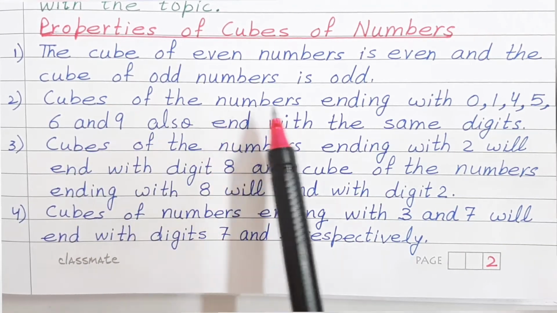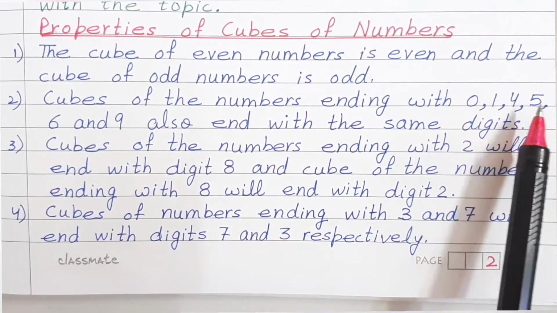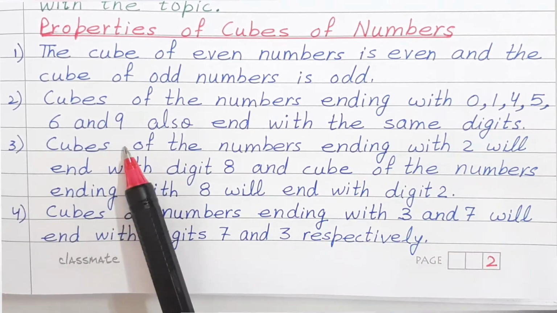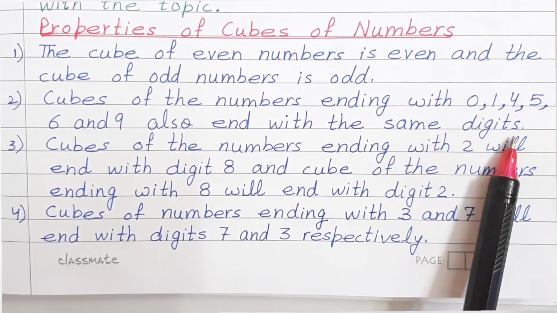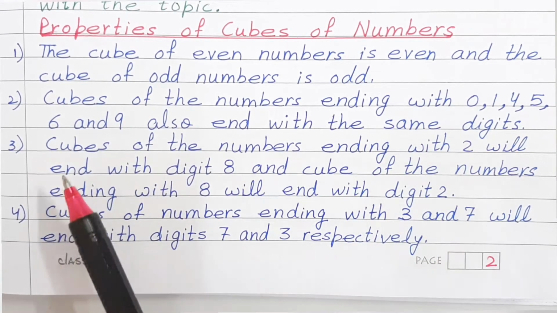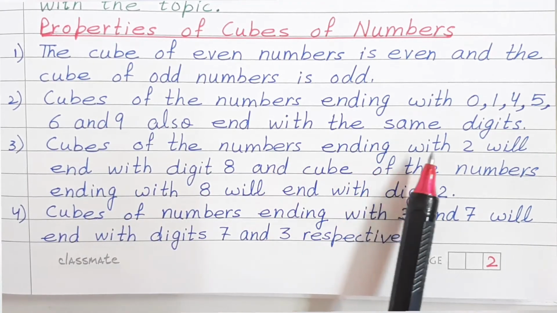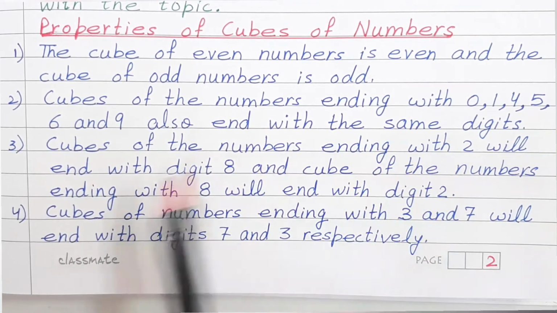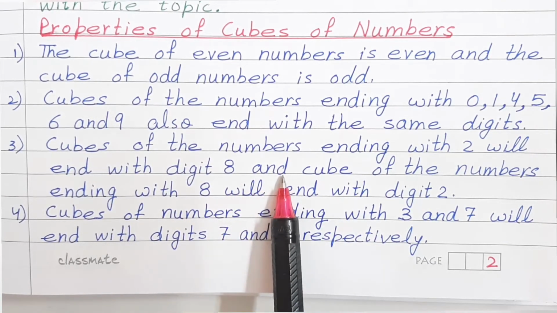Cubes of the numbers ending with 0, 1, 4, 5, 6 and 9 also end with the same digit. Clear? Third is cubes of the numbers ending with 2 will end with digit 8 and vice versa.